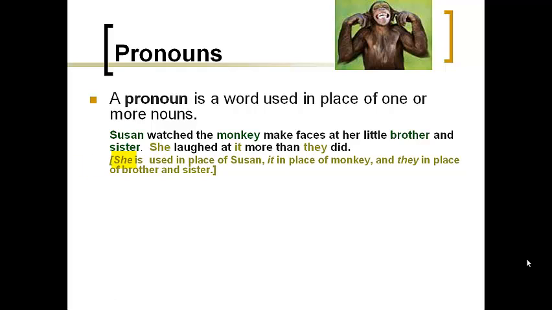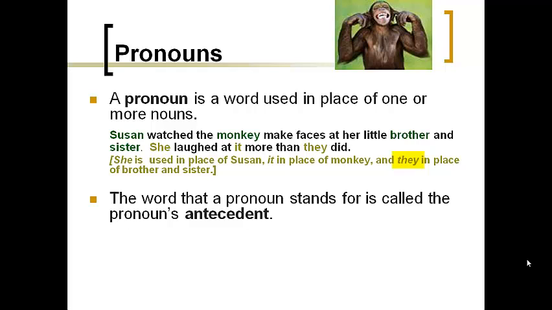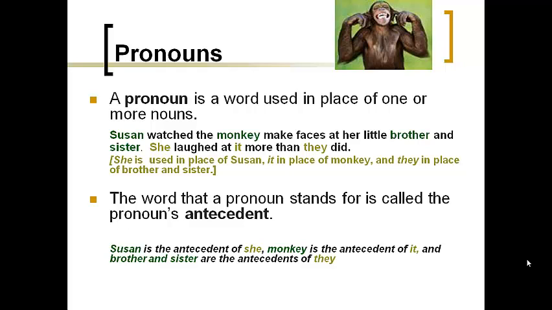So she is used in place of Susan, it in place of monkey, and they in place of brother and sister. The word that a pronoun stands for is called its antecedent. So Susan is the antecedent for she, monkey is the antecedent for it, and brother and sister is the antecedent for they.